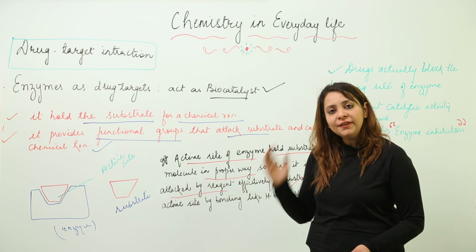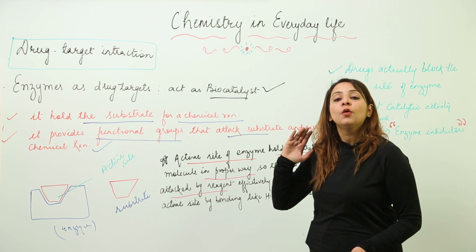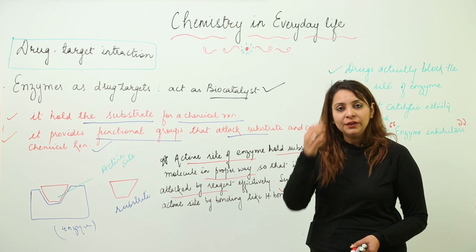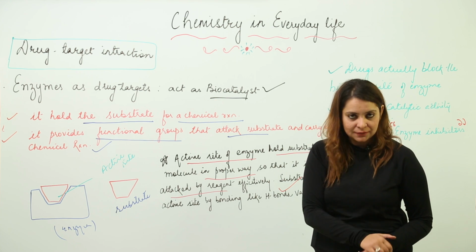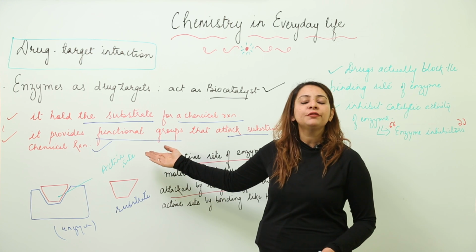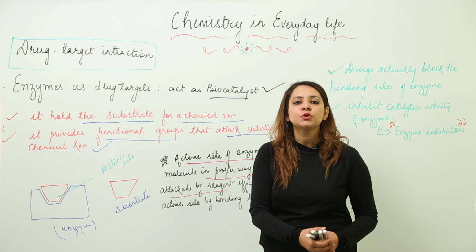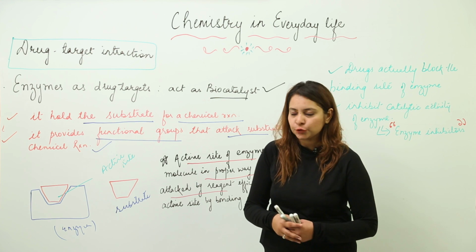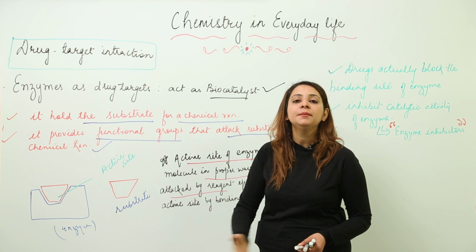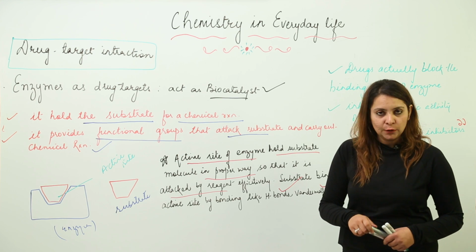But the enzyme will always be holding the substrate in a proper manner so that it is attacked by the reagent and the reaction can take place effectively. The second thing we have already discussed is that it may provide a functional group which helps the substrate carry out the chemical reaction. So by these two mechanisms, the enzyme acts as a biocatalyst.